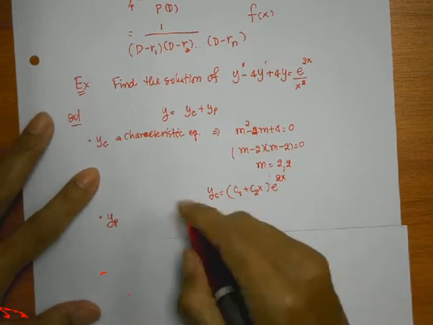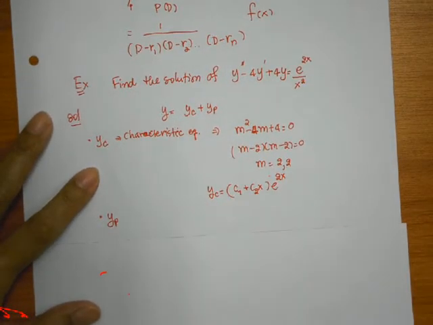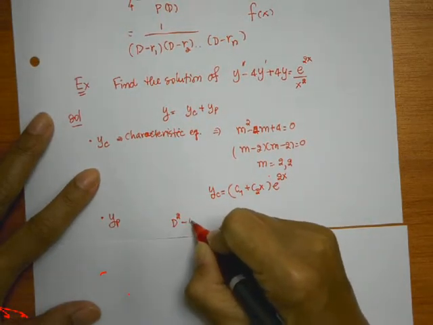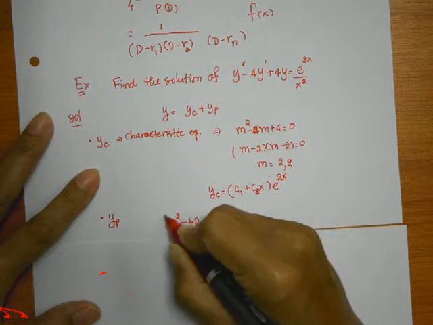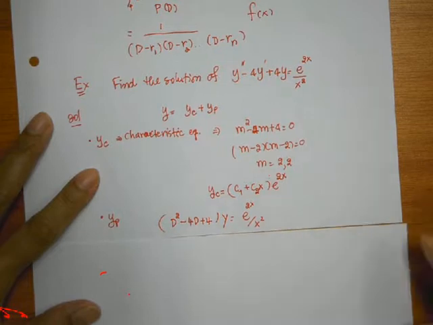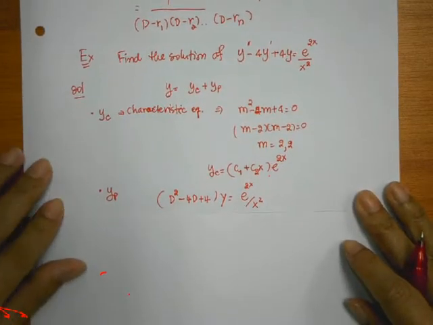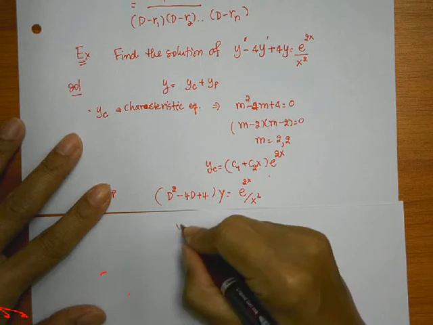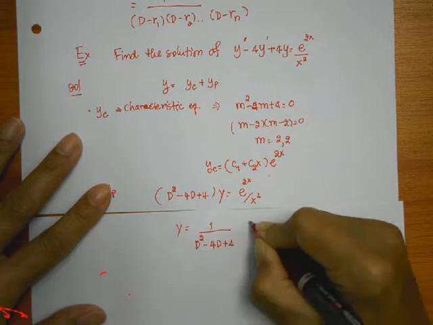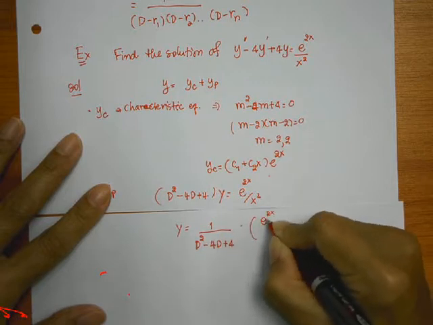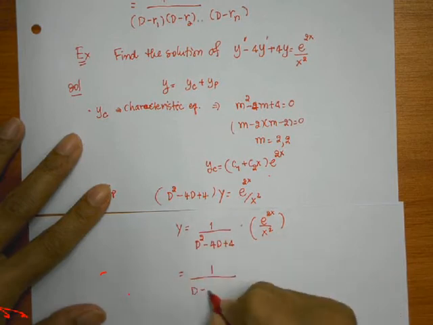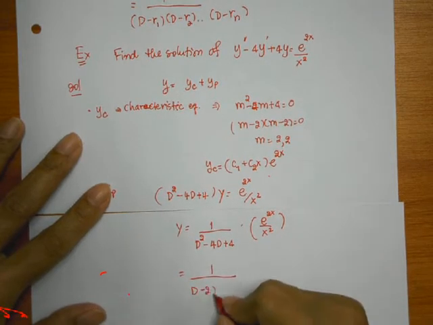So the way to do that, change to the capital D, you would get (D squared minus 4D plus 4) y equal to, so y is equal to 1 over P(D), and our P(D) can be written down in this term (D minus 2)(D minus 2).